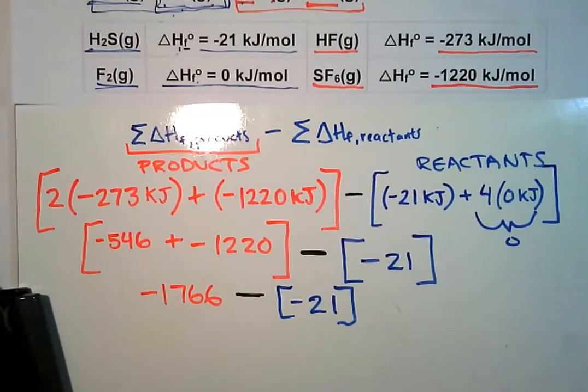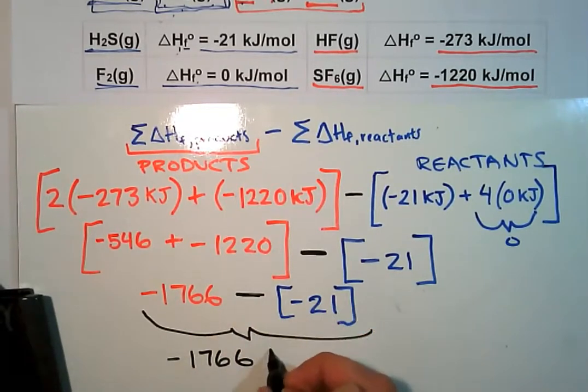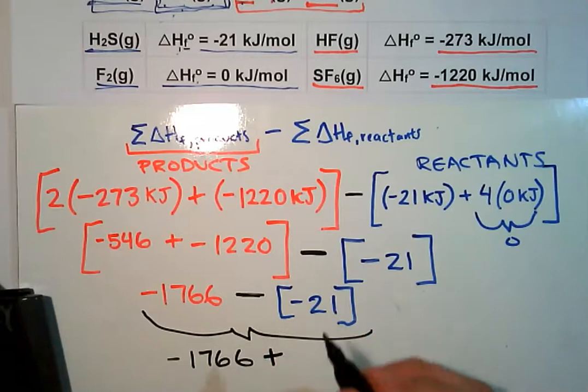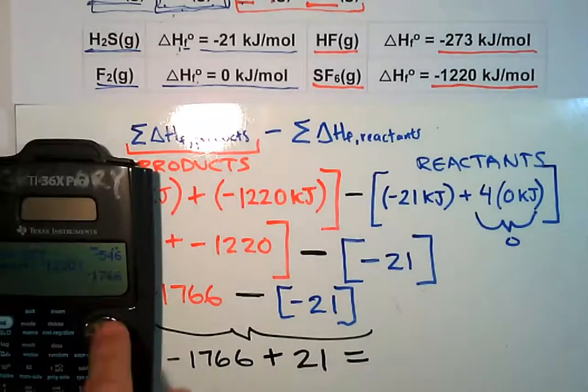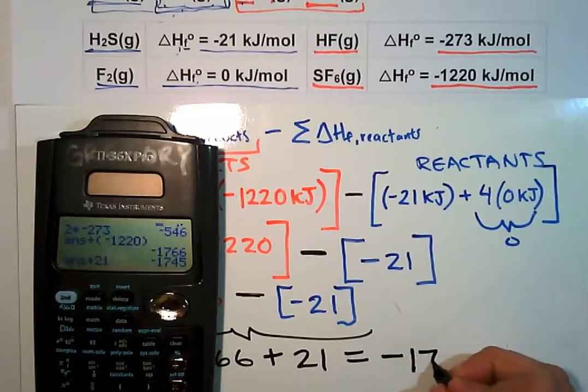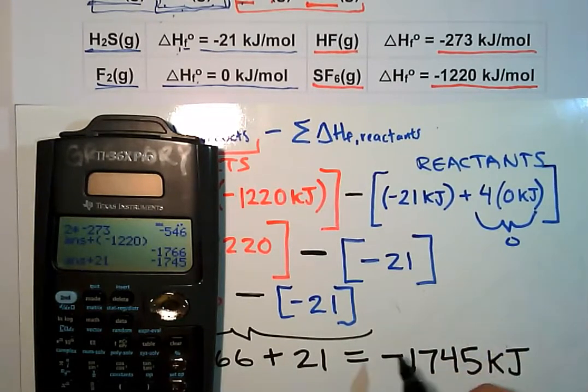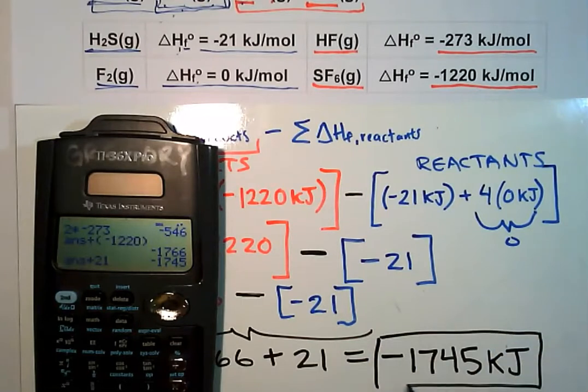Alright, so now I just need to combine these last two values. I'll do that in black. Minus negative means I'm going to have negative 1766. Minus negative means I'm plussing, because the negatives cancel out, plus 21. So negative 1766 plus 21 should give me negative 1745. And of course I know my units are kilojoules. And that is my final answer.